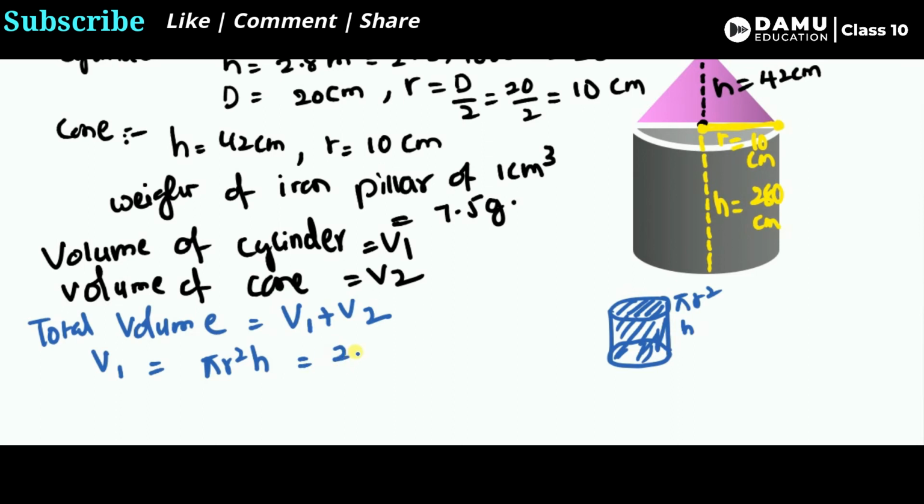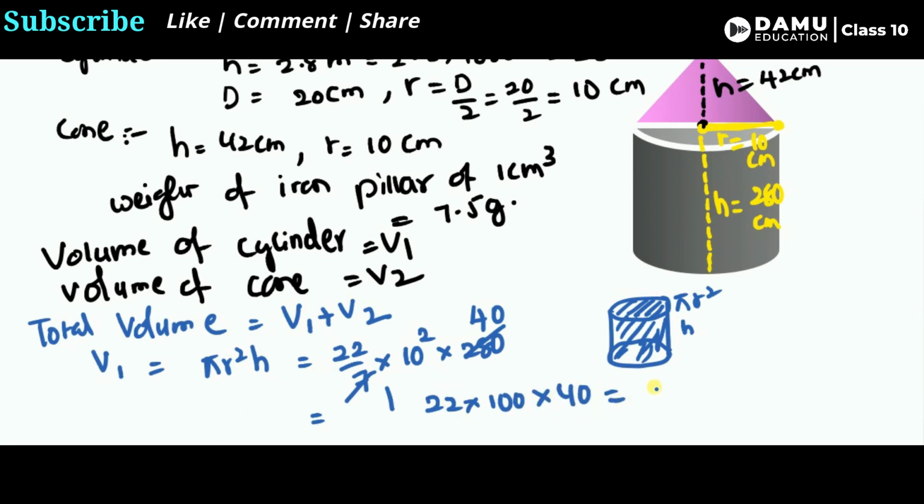Let's find it. 22 by 7, radius is 10, so 10 square, into height, which is 280. So what value do we get here? Let's cancel. 7 ones are 7, 4s are 28, then 40s. So let's find out 22 into 100 into 40.